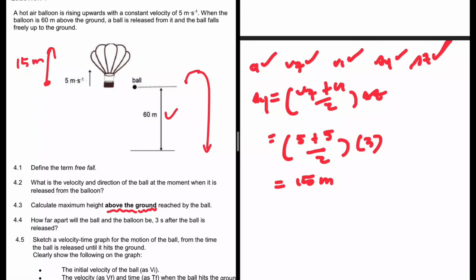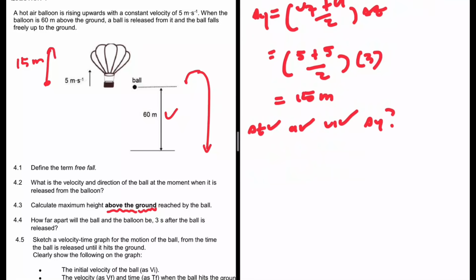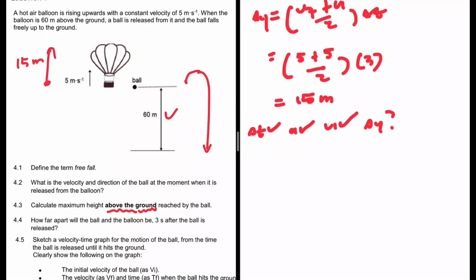So we need to calculate where the ball is after 3 seconds. The information we have with regards to the ball: we have delta t, we have acceleration, we have Vi, and we are interested in delta y. So what do we do here? It seems like delta y is equal to Vi delta t, plus a half acceleration delta t squared.